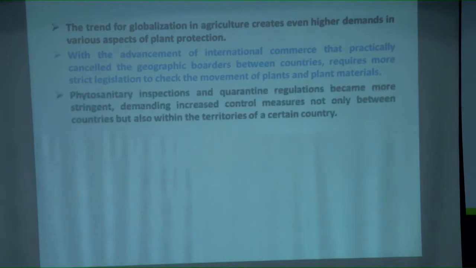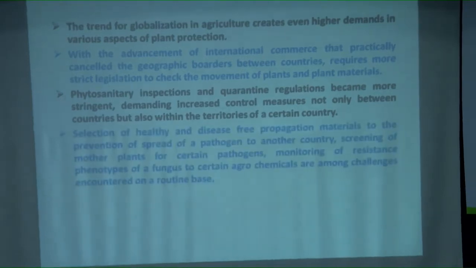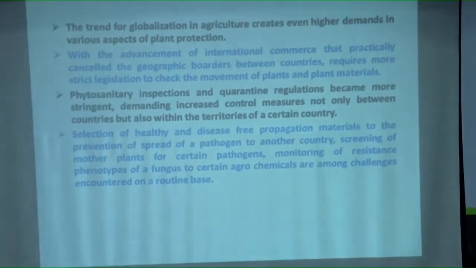Phytosanitary inspections and quarantine regulations demand increased control measures not only between countries, but within territories also. Then the selection of healthy and disease free propagation material, to prevent the spread of pathogens to another country, screening of mother plants, screening of plant tissue, you need to have some markers for those purposes.